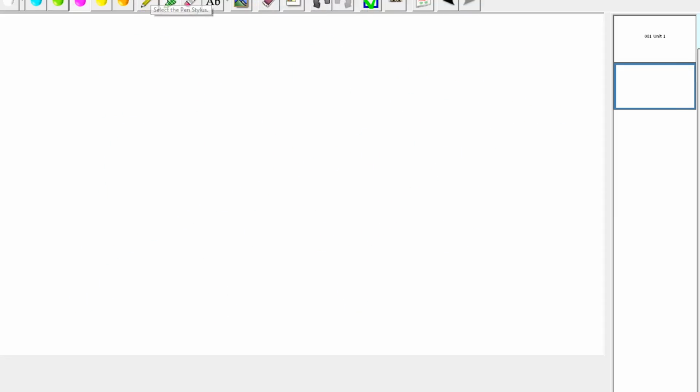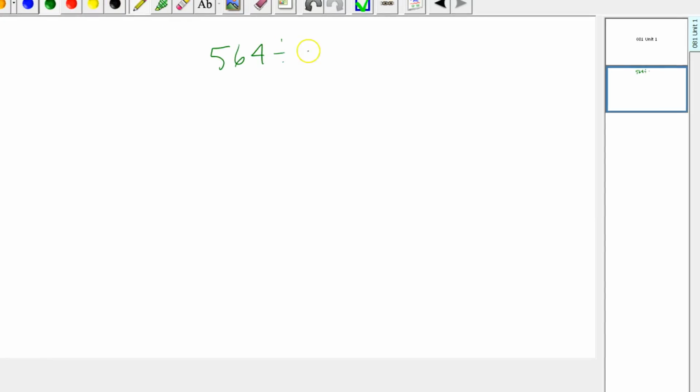So when we did the 564 divided by 4, remember we had the 4 flats, and we partition them out first. So we can write this as an extended algorithm by saying that 4 went into 564. This was 400.